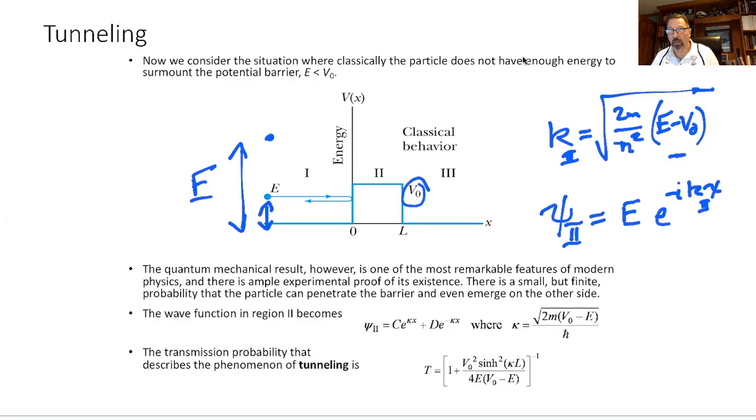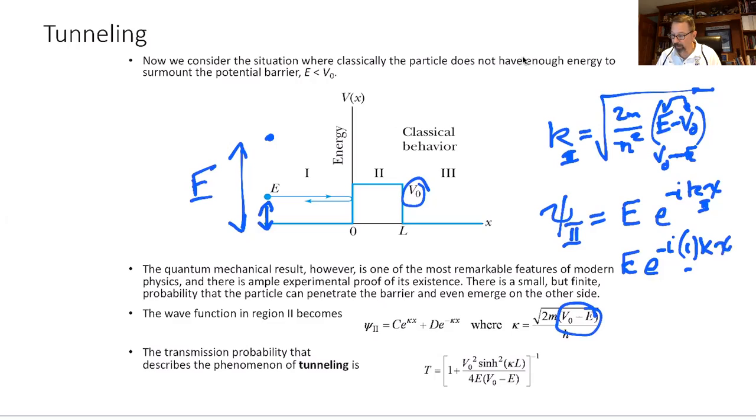So it's like you've got E times e to the minus i K2 x. K2 is complex, so you can bring out the i and just invert the order here. Turn it into V0 minus E to make it positive, and I've already factored out the i. We call it kappa once you've done that, when you invert the order. See, now it's V0 minus E instead of E minus V0, still with an x.